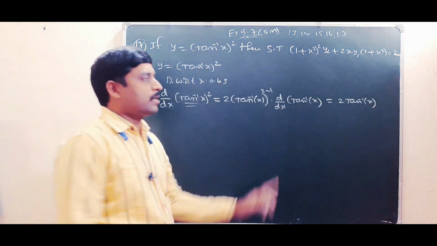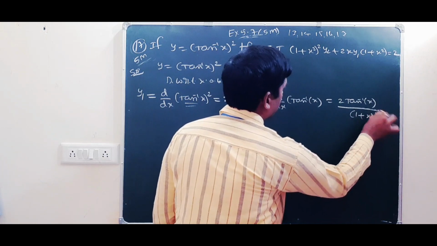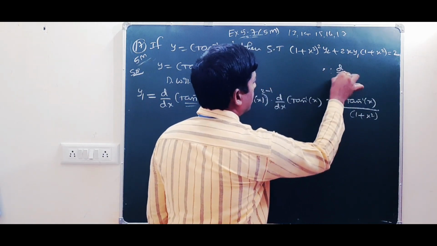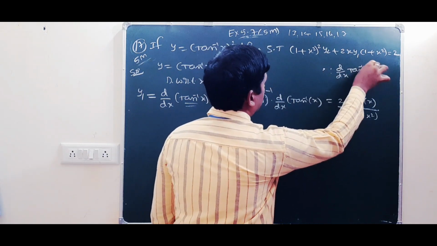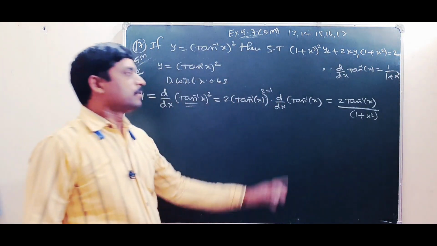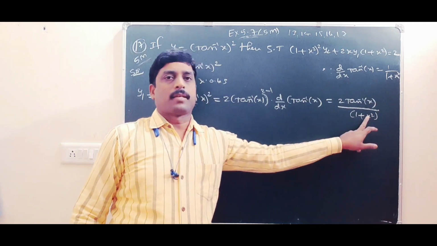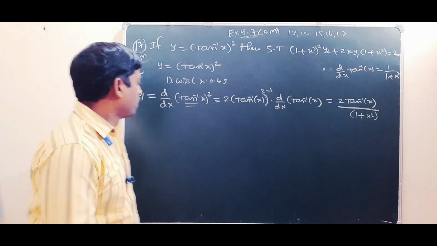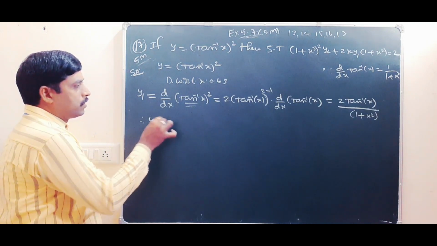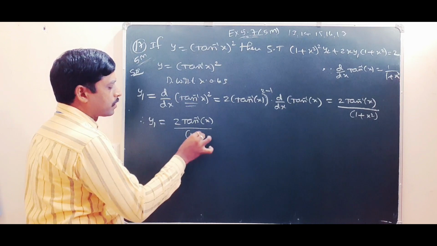Differentiation of tan inverse x, we have the formula 1 by 1 plus x square. D by dx of tan inverse x is equal to 1 by 1 plus x square. So y1 is equal to 2 tan inverse x upon 1 plus x square.